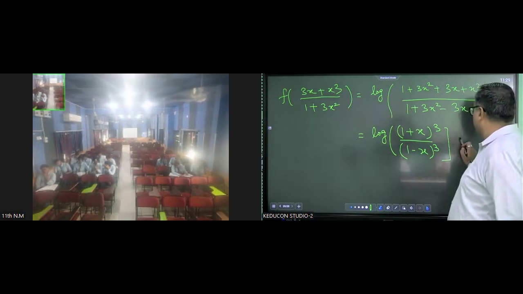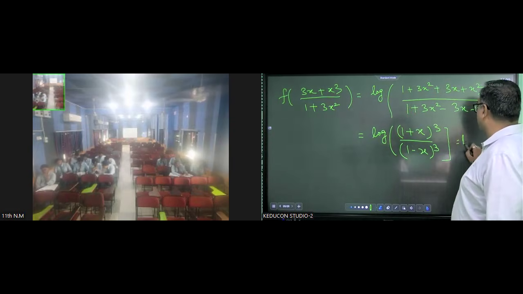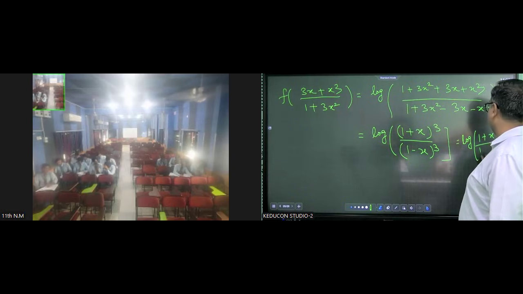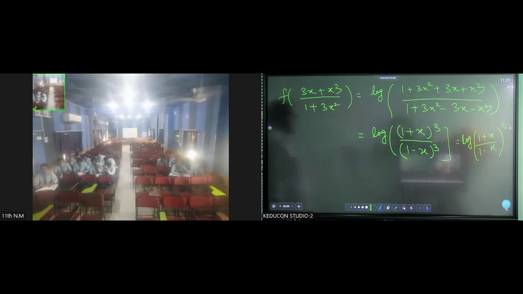So now what we got, log of ((1 plus x) over (1 minus x)) whole cube. Any doubt in this बच्चों? Now we have a property of log बच्चे. What is that property? If we have log m raised to power n, that can be written as n log m, right?